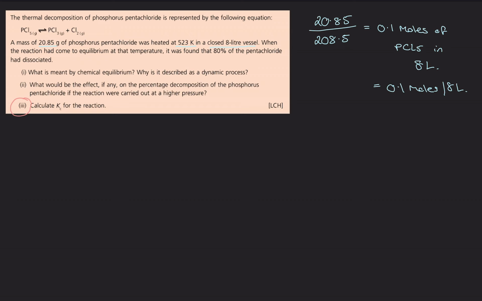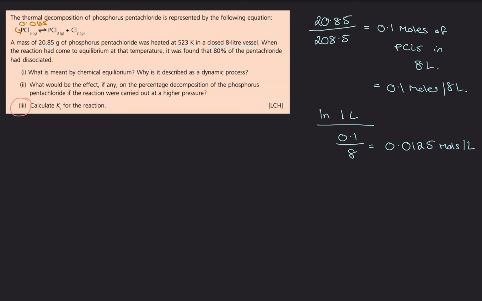To get it in 1 litre, we divide that by 8, because there are 8 litres currently, and we'll get 0.0125 moles per litre. So I have 0.0125 of this substance at the very start.